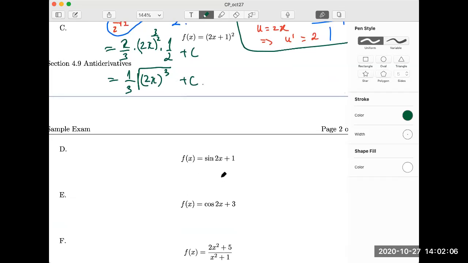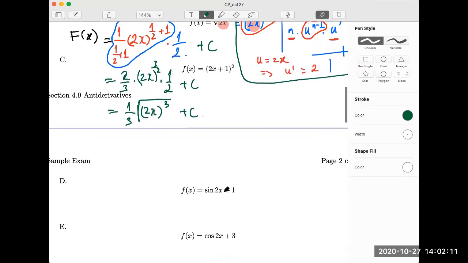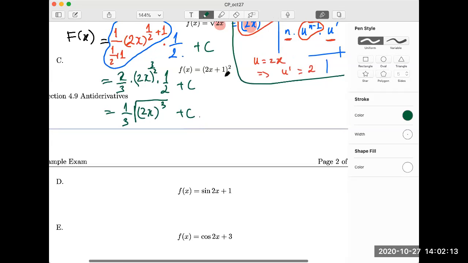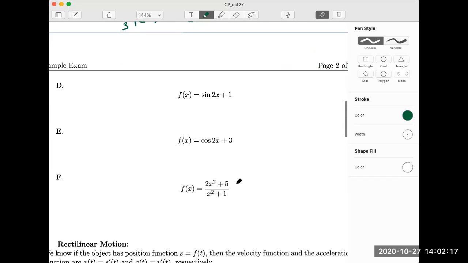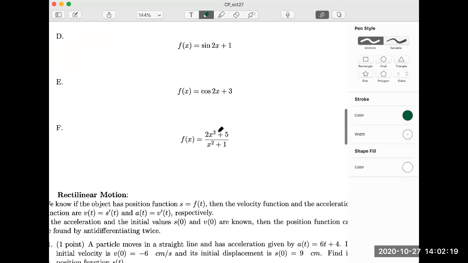And there are some more problems here. You go home and do the number C, number D, and number E. Let us do it here, the number F. Okay?